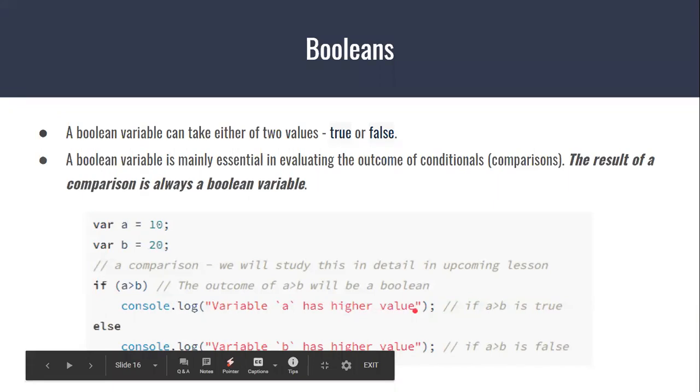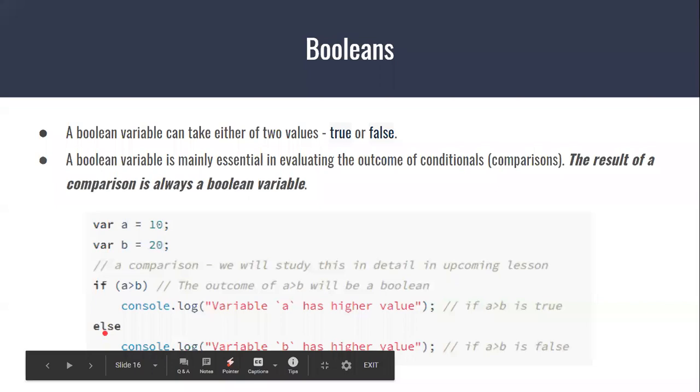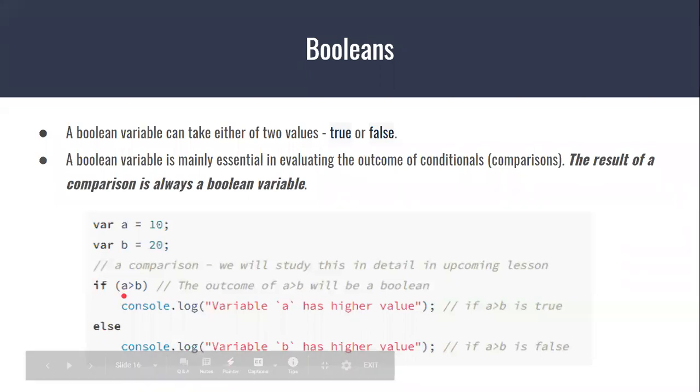Now, if that expression is false, it will fall to the else case and skip that whole block, and then it'll print out variable b has a higher value. Now, that's probably one of the best reasons that you would use a true false for some kind of logical comparison.